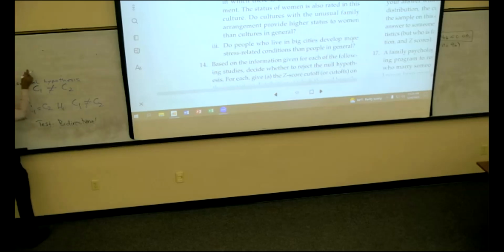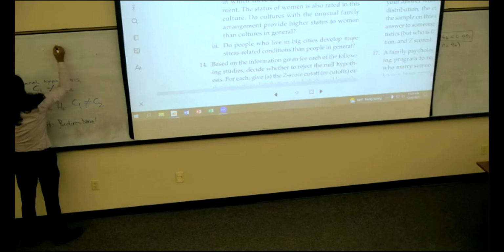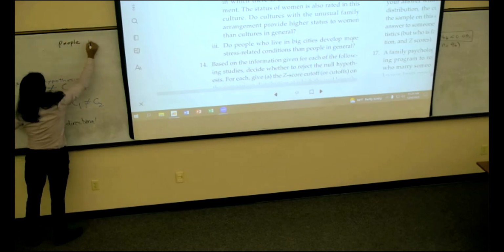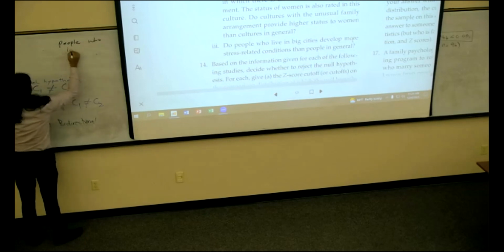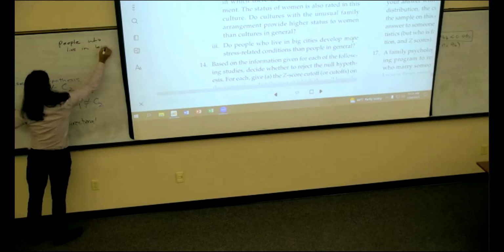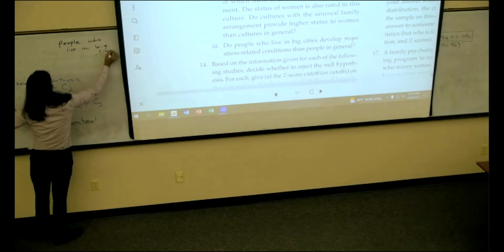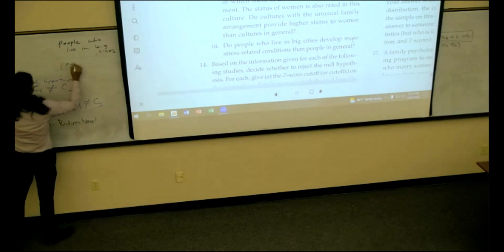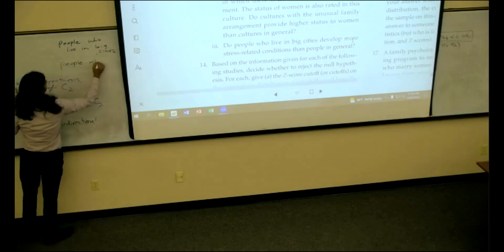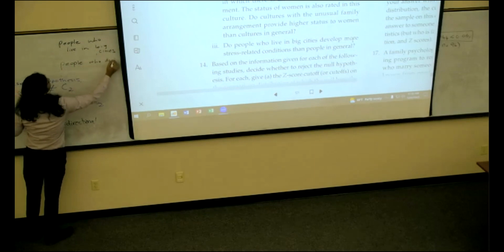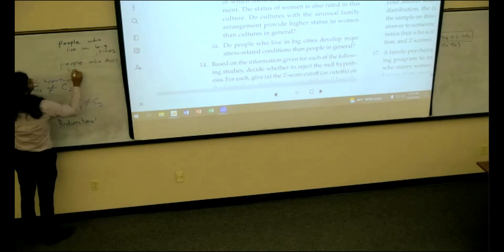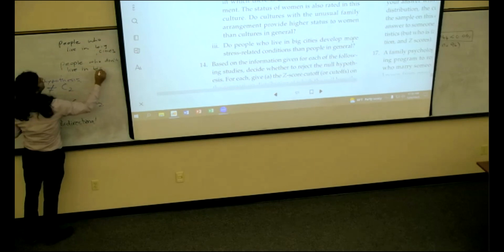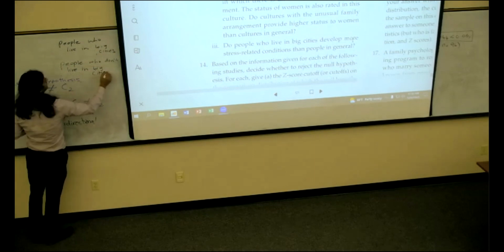So I have 2 populations. I'm leaving a space there for a reason. The second population would be people who don't live in big cities.